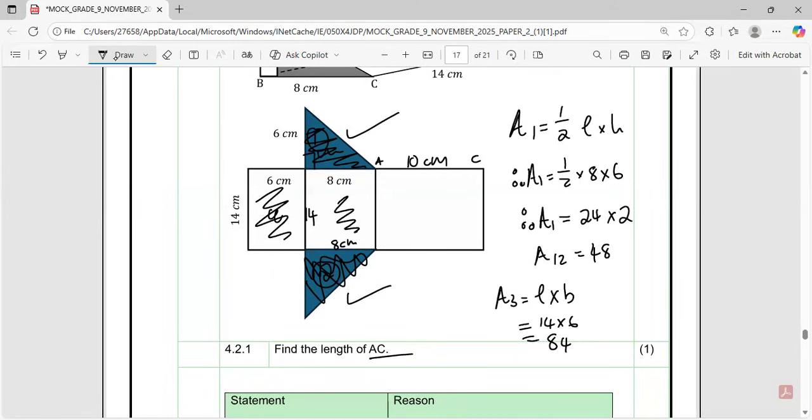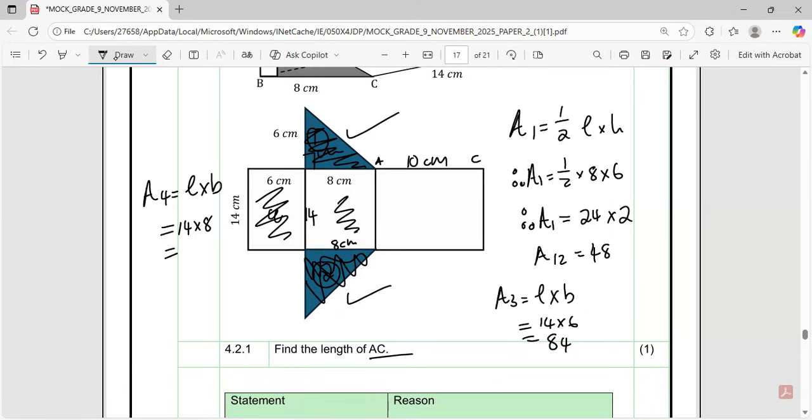And then let's continue. Let's find that one, let's call it A4. There again, it is length times breadth as well. But here we have 14 times 8. How much is that? 112.